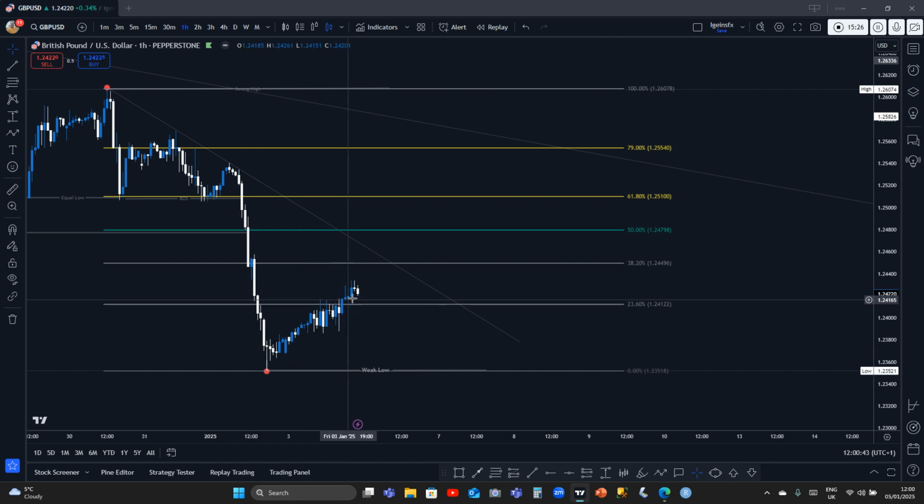Even though you might be thinking, oh, it wants to come down, let it come down. But I tell you, you don't need to enter even if you see price pushing to the downside. We need to filter signals. That is what makes us professional.